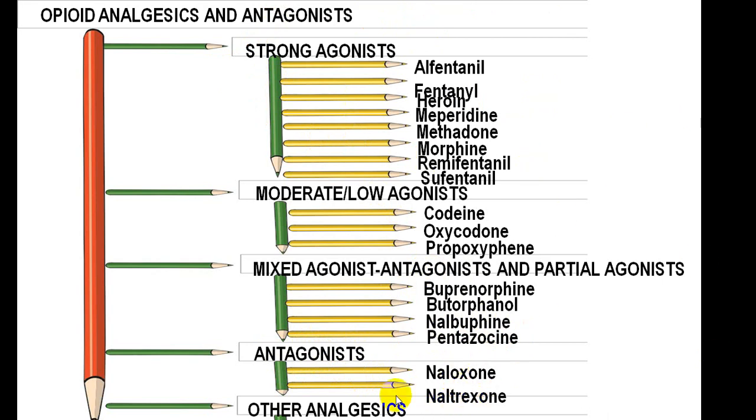So do remember. And we have got another analgesic we call tramadol, which is a synthetic preparation, having a mild effect of opioid properties, and also has non-opioid properties.